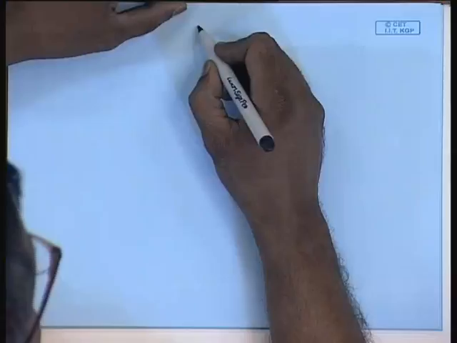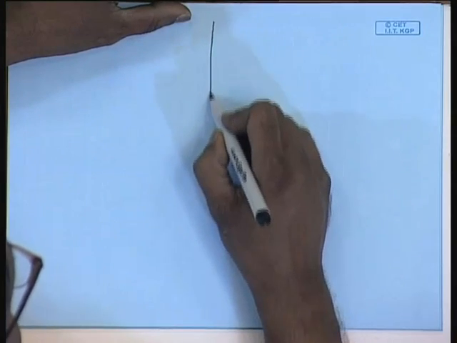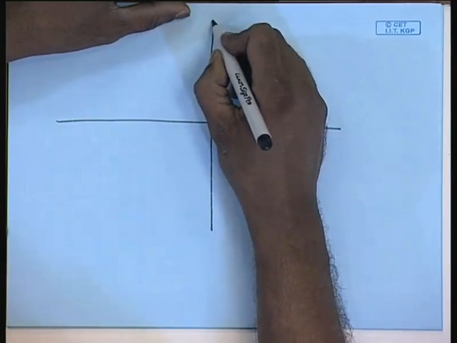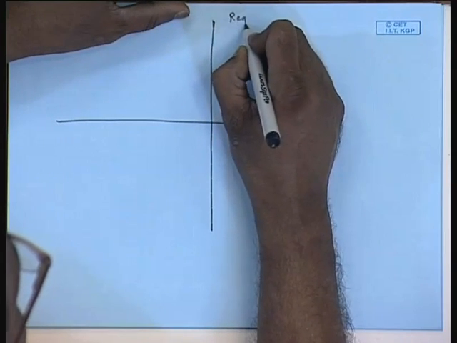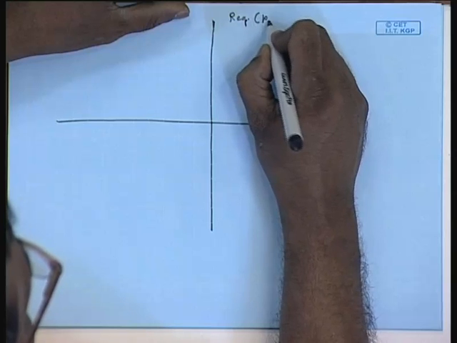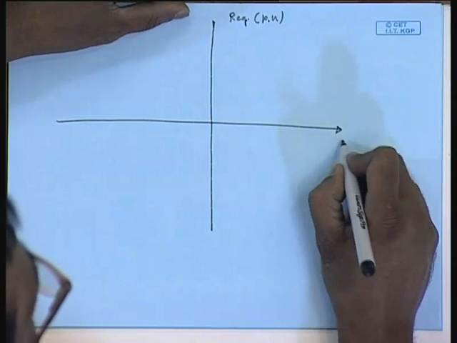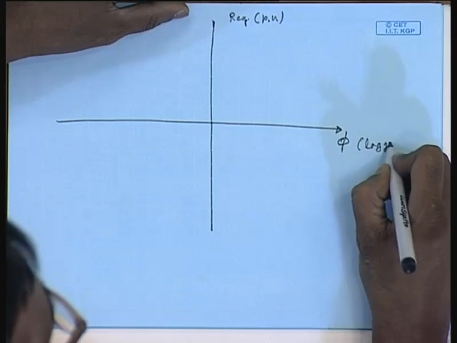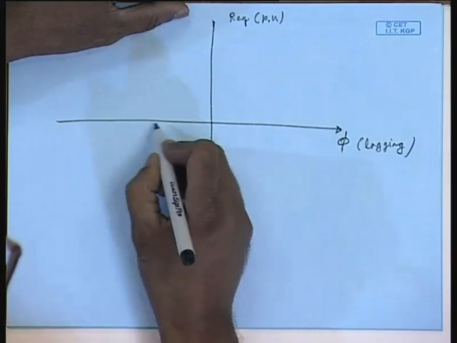So, if you draw the percentage regulation versus phi, this is the lagging direction, this is the leading direction.